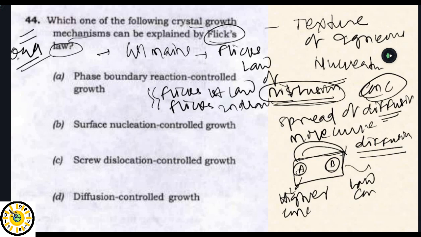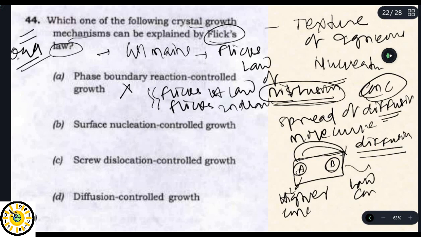हाउ द मॉलिक्यूल फ्रॉम द हायर कंसंट्रेशन move from the lower concentration, ठीक है, it is called the normally diffusion, ठीक है. और इसको कैसे हम मैनेज करेंगे डिफ्यूजन को, how we manage the spreading of the molecule, that is most important part. So this is called the Fick's law of diffusion, है ना. So simple, it is not the associated with the phase boundary reaction control growth, ठीक है.